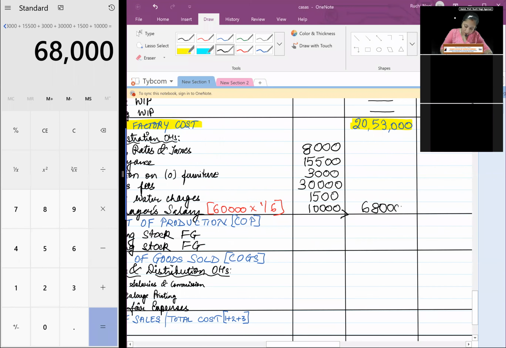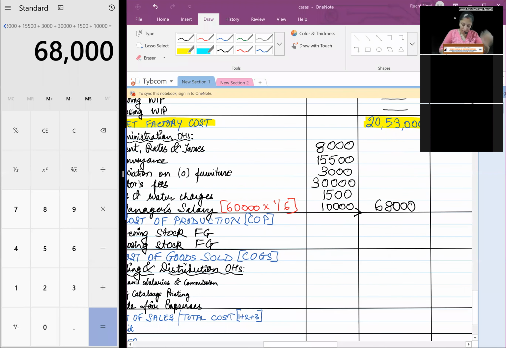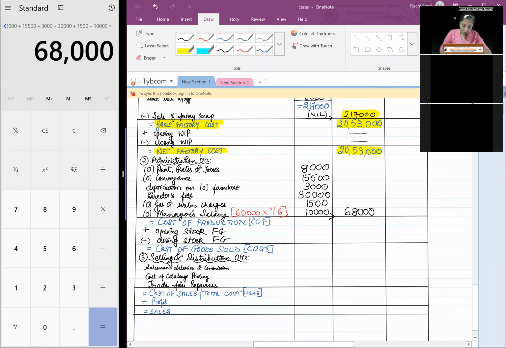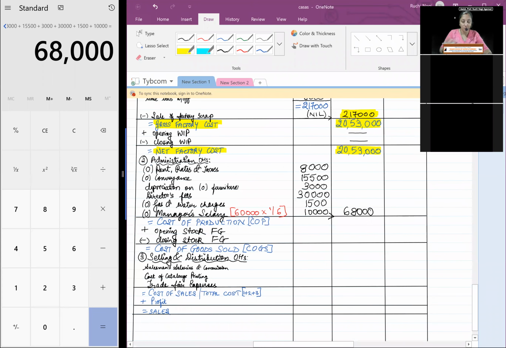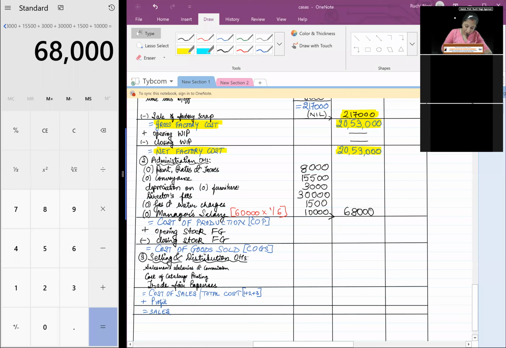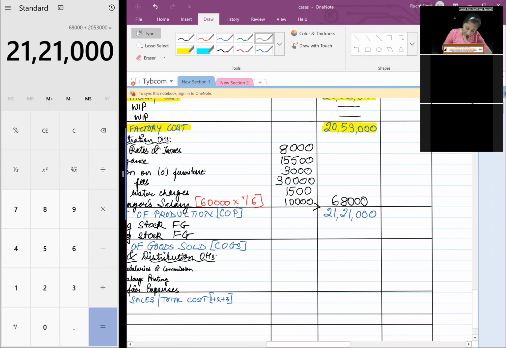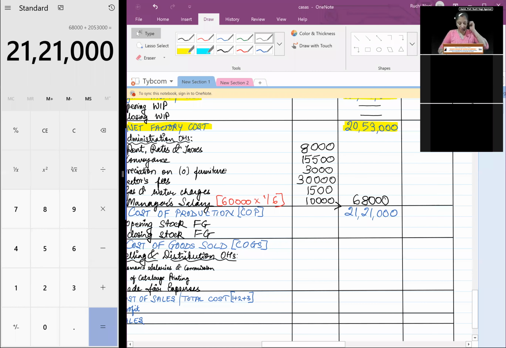So whatever new totals you are getting, you have to add it to the previous total. So 20,53,000 plus 68,000 is 21,21,000.